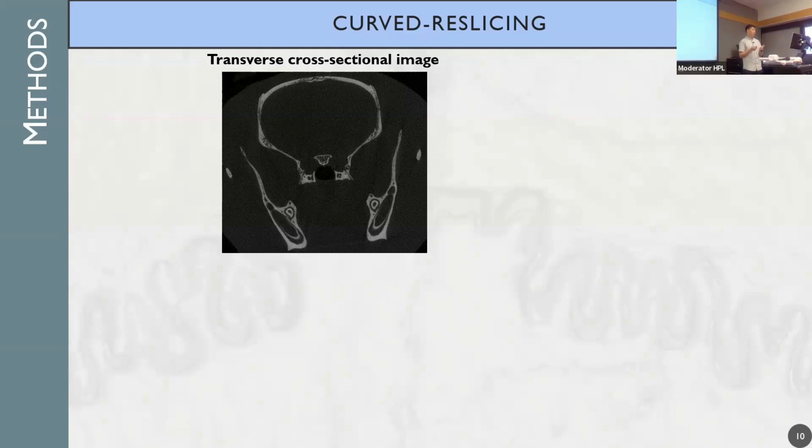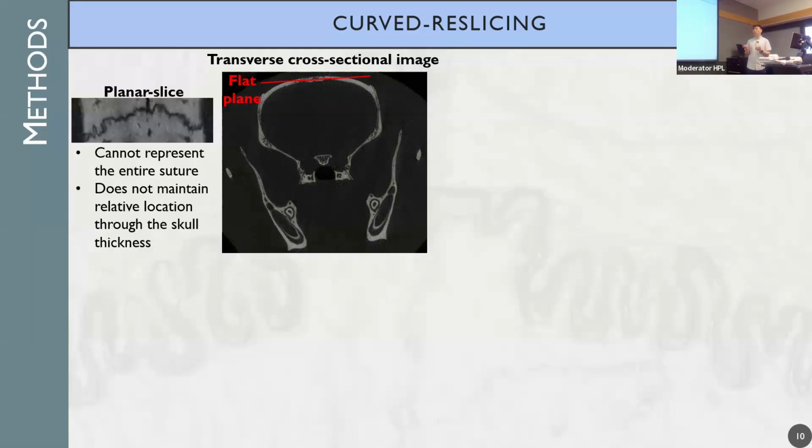The reason to go to this complex method was that if I have a cross-sectional image and want to see the sutures, I need to select a plane across the suture of interest and do the reslicing. It gives me a standard slice, but the downside is that it cannot represent the entire suture length because the suture is located along the curved skull, and it also doesn't maintain the relative location through the skull thickness.